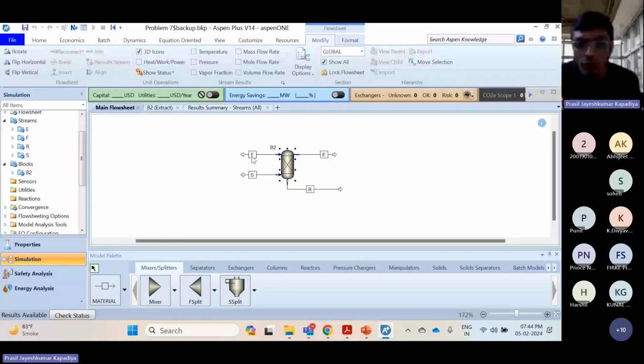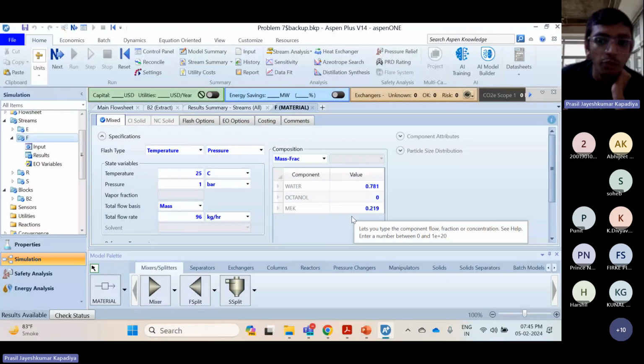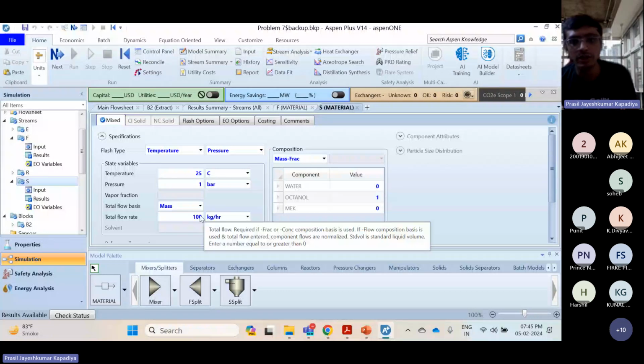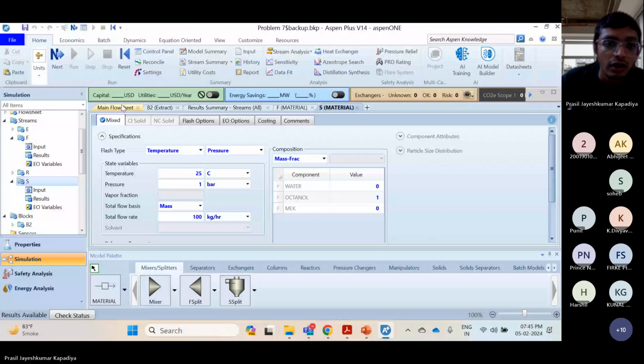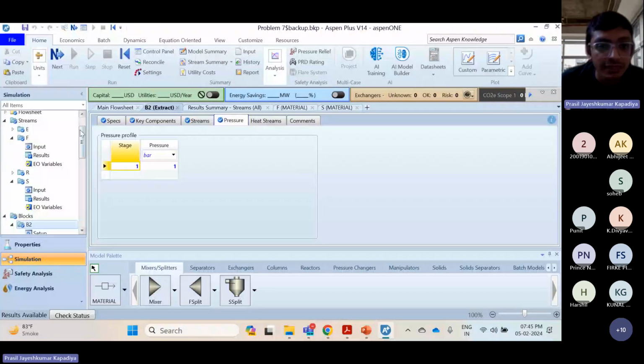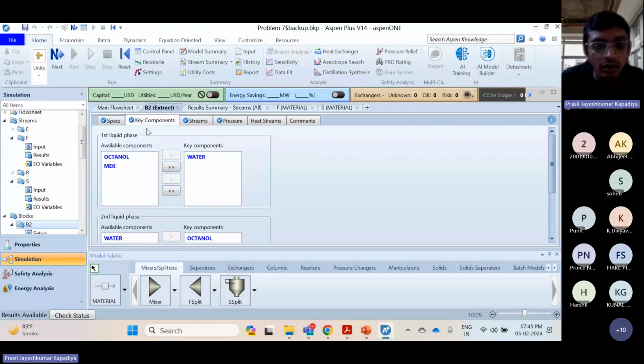So let's go one by one. For the feed, we have given correct conditions: 25 degrees Celsius, 1 bar pressure, 96 kg per hour. Water is 78.1 and MEK is 21.9. Then the solvent stream is 100 kg per hour mass flow rate, 25 Celsius, 1 bar, and mass fraction is 1, that is pure. Then specifications: 10 stages.